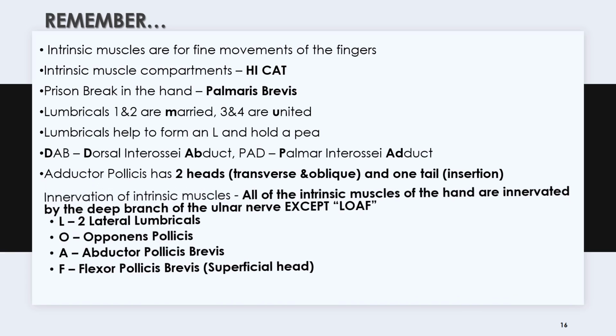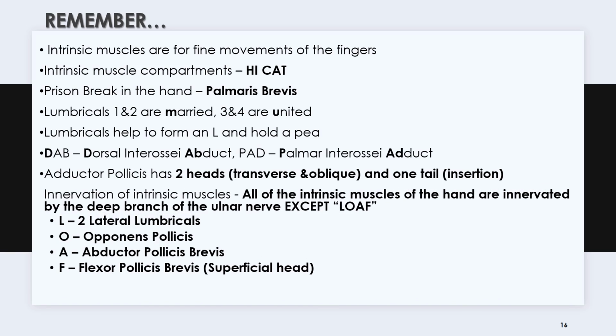We also must not forget that all of our intrinsic muscles are supplied by the deep branch of the ulnar nerve except the LOAF muscles, which are the 2 lateral lumbricals, the opponens pollicis, the abductor pollicis brevis, and the flexor pollicis brevis. That's the superficial head. You must remember that the deep head is supplied by the deep branch of the ulnar nerve, that is deep calling onto deep.